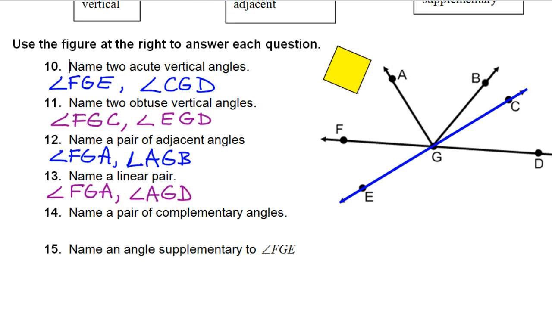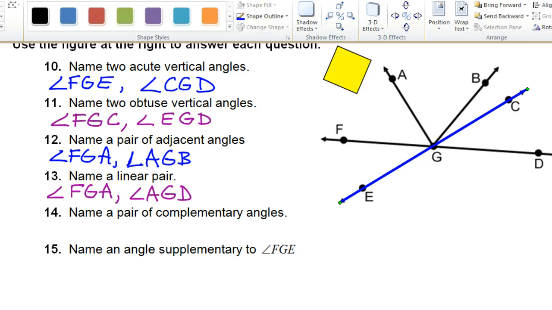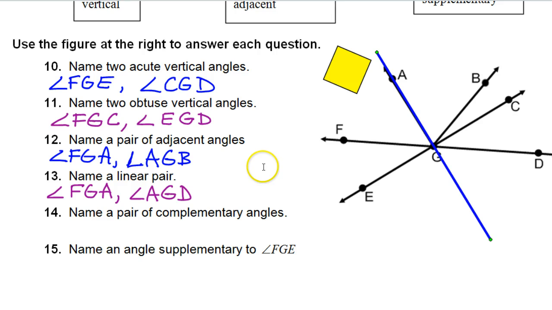I'm going to cheat a little bit. If I use my tool and rotate this 90 degrees, kabam. I should have copied it first. Hold on. But notice how it does land on AG, sort of proving that it is in fact perpendicular.